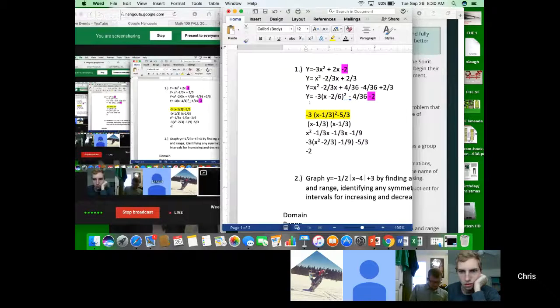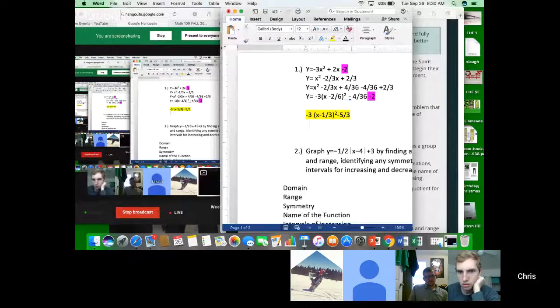The question is, how did we get from here to there? So I did number 1, the one we were working on at the beginning, all the way through following my notes, and I got the answer 3 parentheses x squared minus 2/3 x, close parentheses, minus 17/9.